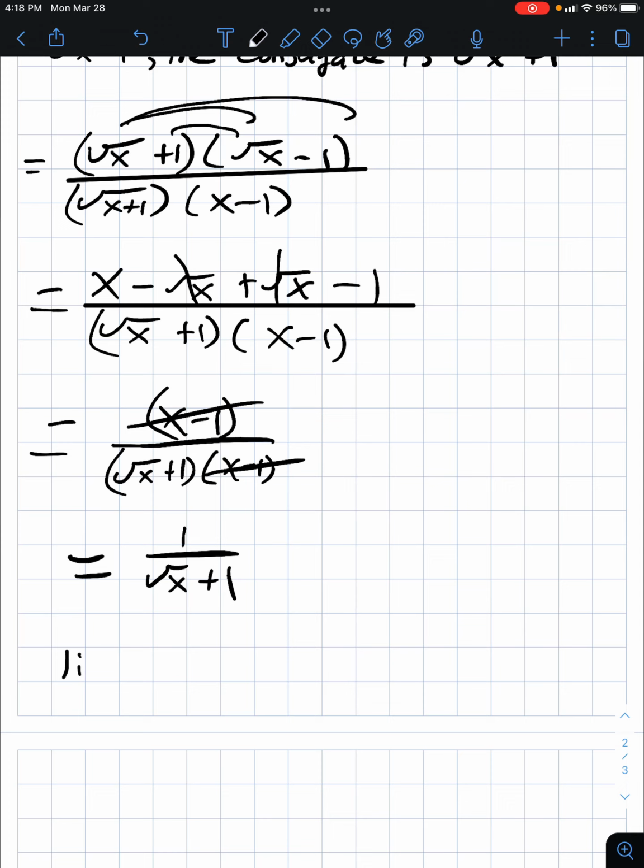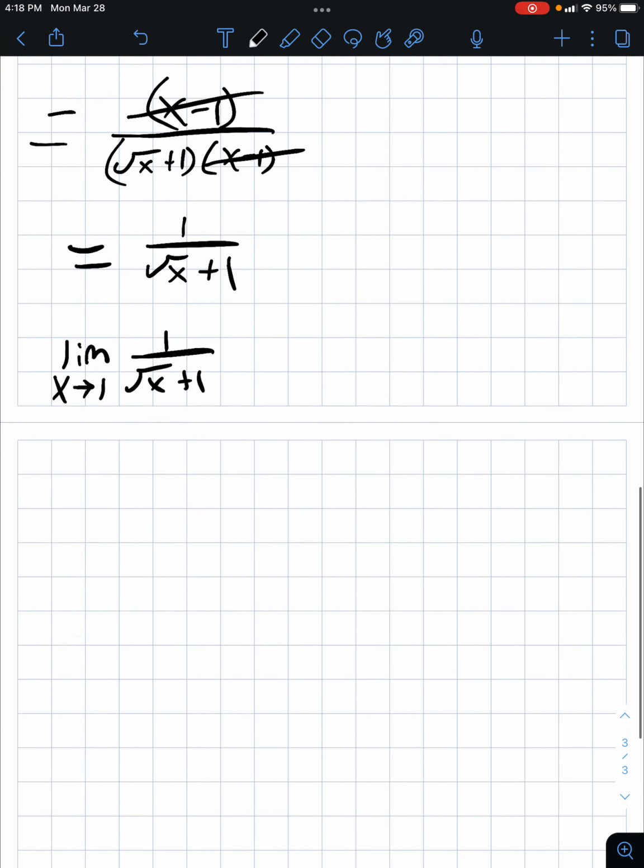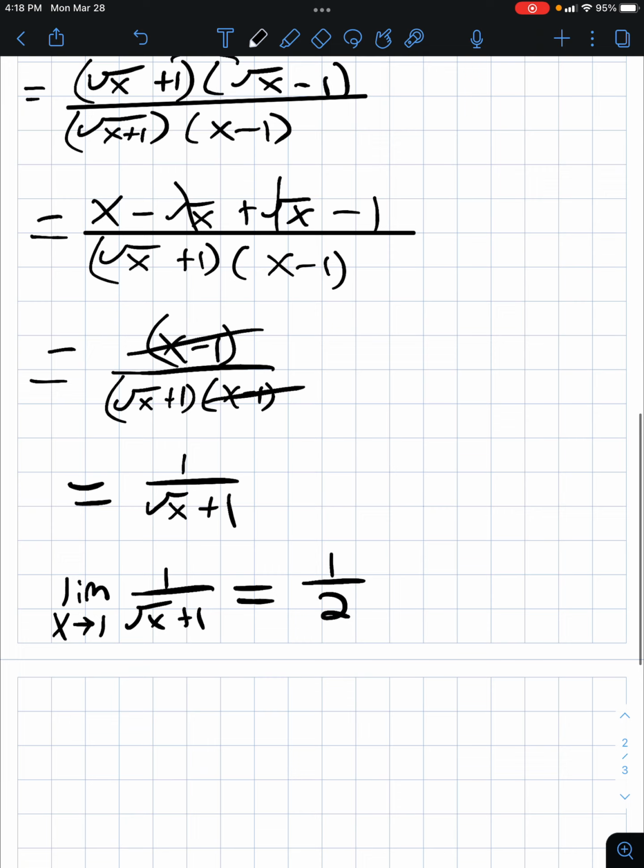Well, if we plug in 1, the limit as x approaches 1 of 1 over the square root of x plus 1, does our denominator equal 0 here? Let's see, we get 1 plus 1, or 2. It does not, so we're good to go. If we plug in 1 here, we get 1 over 2, and that is going to be our solution for part B.